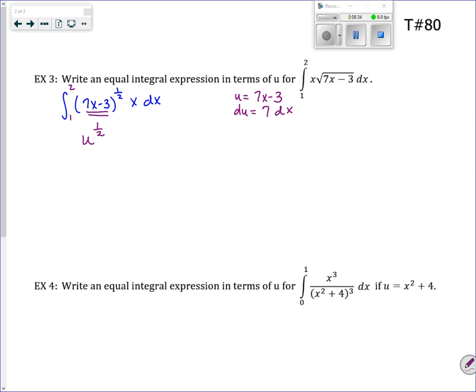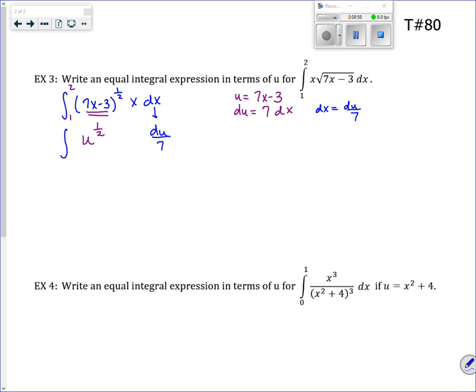Now in this problem, you're like, oh, bummer. This is not one where I can replace all of that. Unfortunately, the dx I could replace. I think you're with me that dx would be equal to du over 7. So I'll go ahead and replace that with du over 7. And yes, I could pull the 1/7 out.